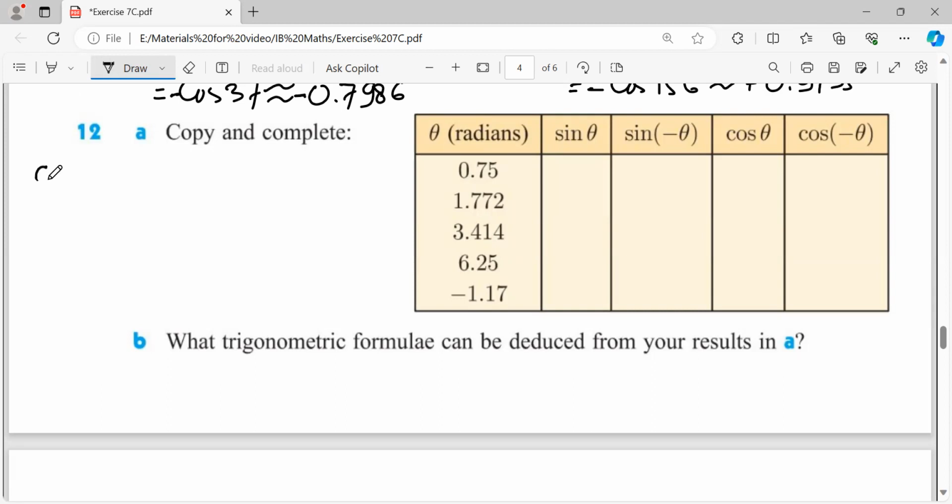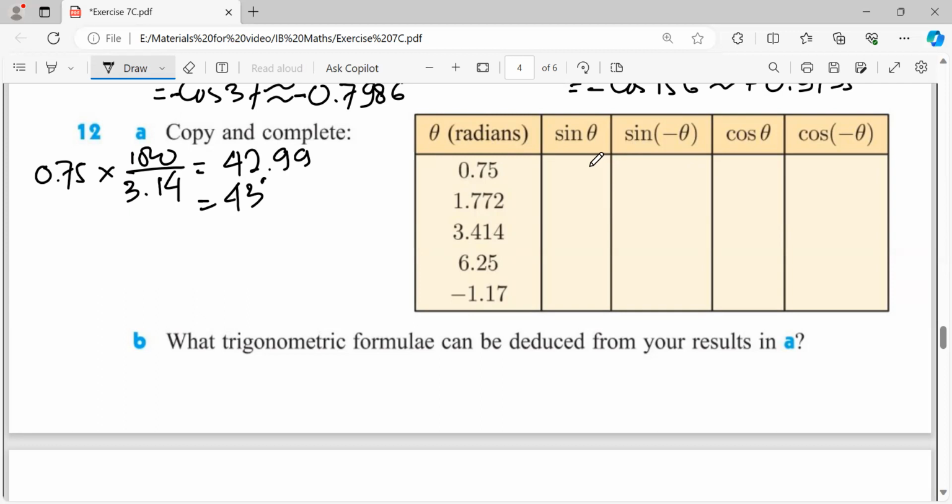If 0.75 converts to degrees, it becomes 0.75 times 180 over 3.14, which becomes 42.99. Hence, it's going to be 43 degrees.